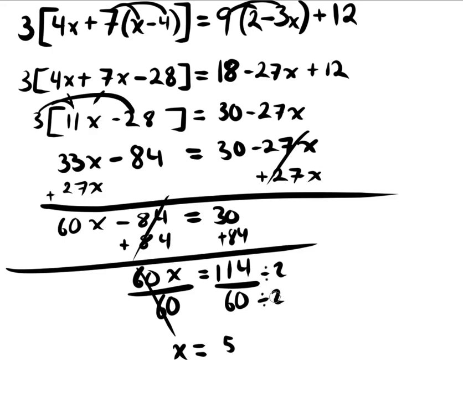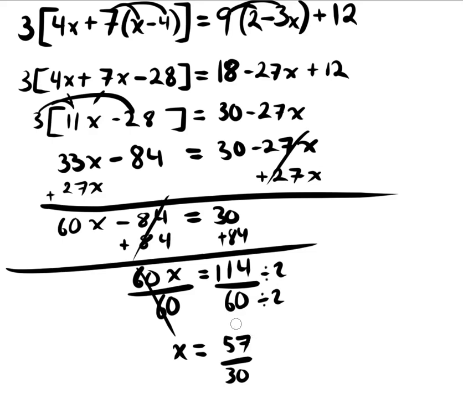Let me not guess about that, but I'm pretty sure it's 57. 114 divided by 2 is equal to 57. So I have 57 over, I know 60 divided by 2 is 30. 57 over 30. And that right there is my final answer, I believe.